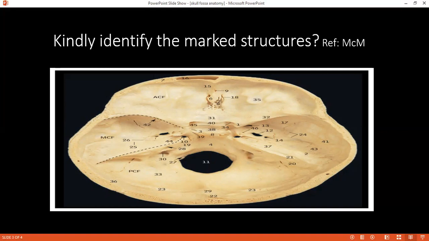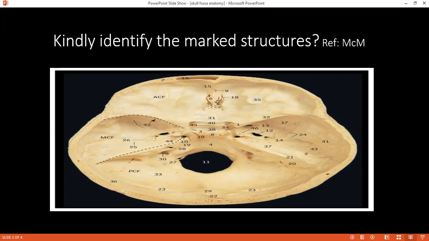It is divided into anterior, middle, and posterior cranial fossa, by some landmarks. The anterior and middle cranial fossa are divided by the boundary formed laterally by the free margin of the lesser wing of the sphenoid bone, along with the anterior clinoid process and the anterior margin of the pre-chiasmatic groove.